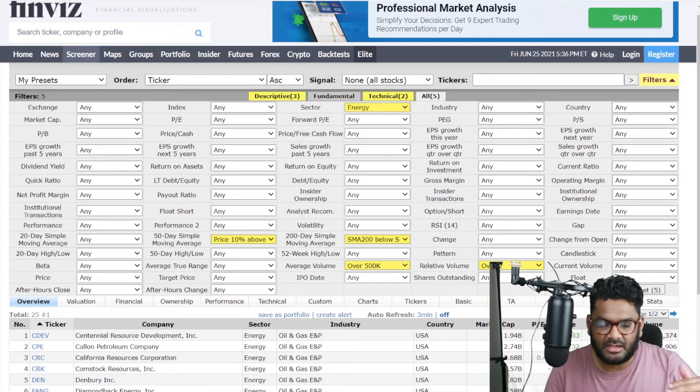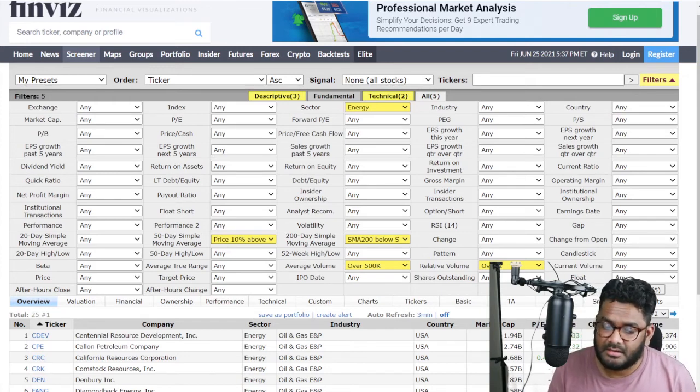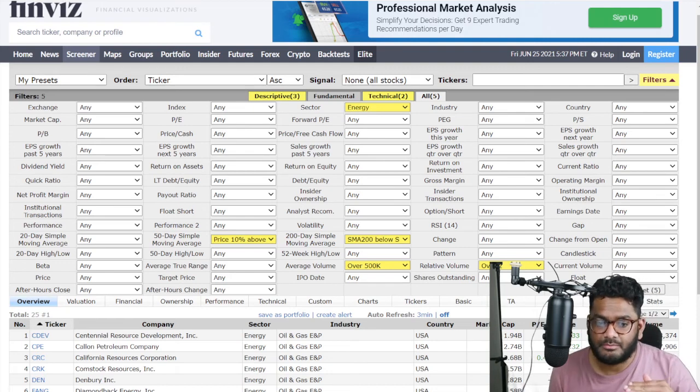You can set your range; normally we go for 30 and 70. If it is over 70, we consider the stock to be overbought. A lot of people are buying those shares, meaning the share price is going really high.